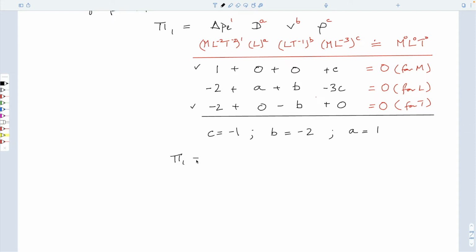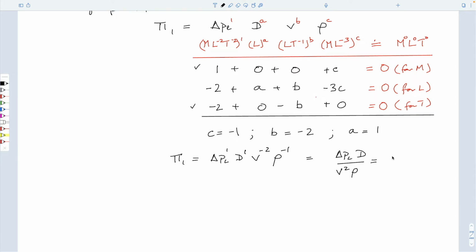Pi 1 is equal to delta PL to the power 1 multiplied by d to the power 1 multiplied by v to the power minus 2 multiplied by rho to the power c, which is minus 1. And if we write it out in a more familiar way, it will be delta PL times d divided by v squared rho.